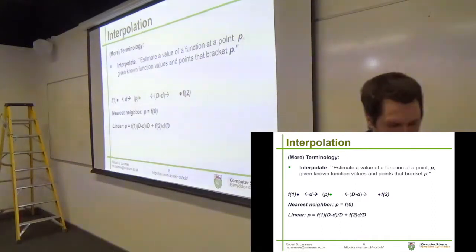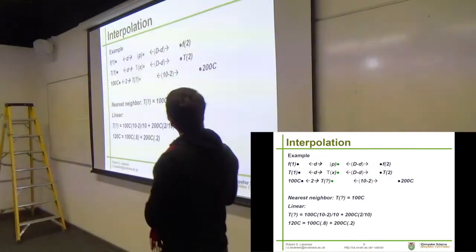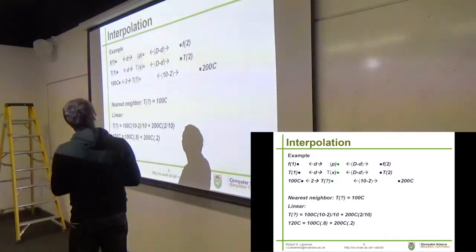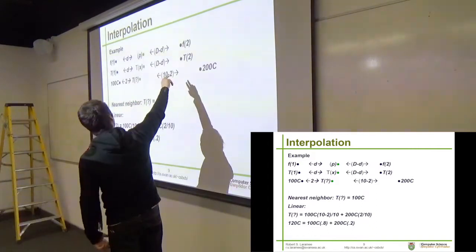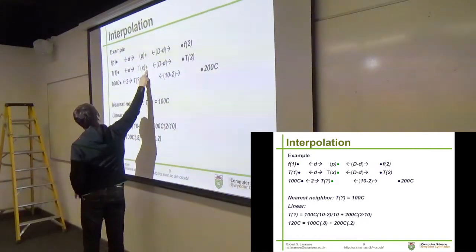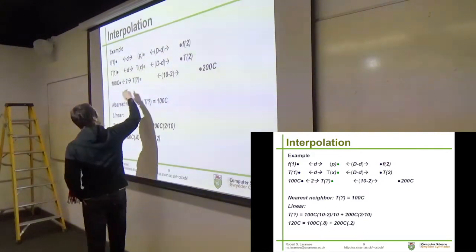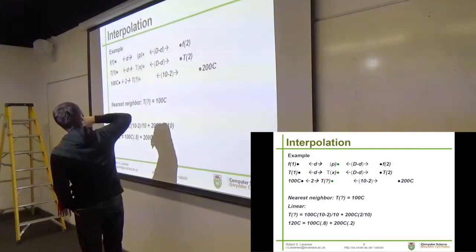And here's just a little example. Imagine I actually plug in some numbers. There's our original, and now I'm plugging in some numbers. I want to compute the temperature here, and I have a temperature here, and I have a temperature here. You can imagine Swansea and Cardiff, for example.